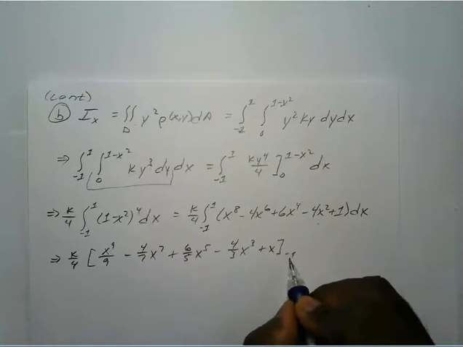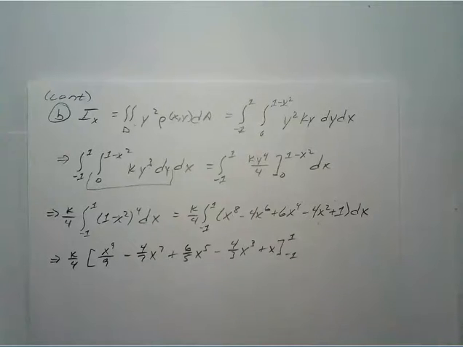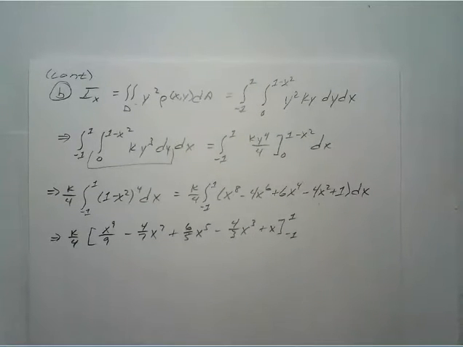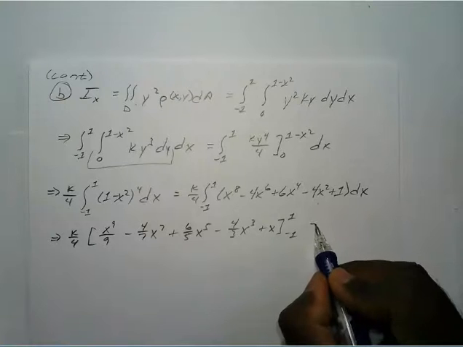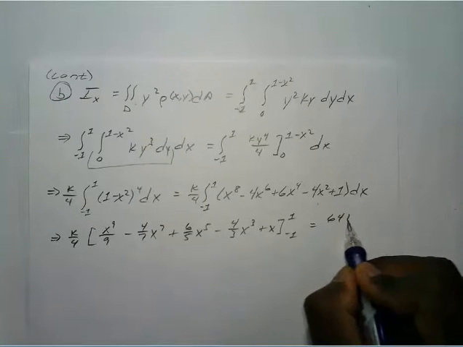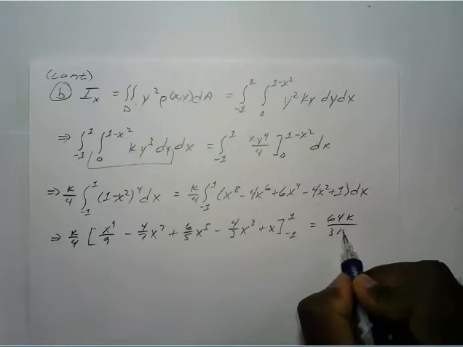And that's from -1 to 1. Okay, so kind of bypassing plugging everything in, once we plug in the 1 and the negative ones, we just end up with 64k over 315.